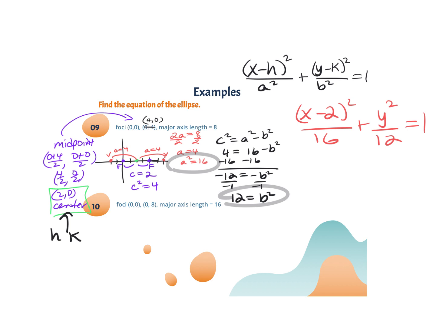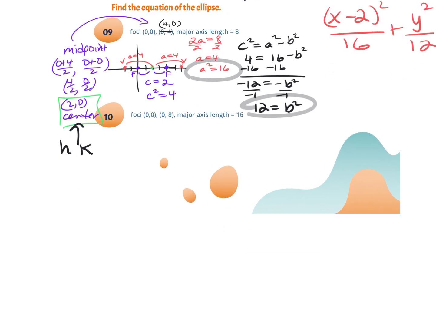Whenever there's a 0, you could just put it in as either an x squared or y squared, wherever the 0 is located. And then one last example, similar to this one, but now notice the focus is going to be vertical. So again, if you give yourself the visual, I've got a focus point at 0, 0, and then another one at 0, 8. 1, 2, 3, 4, 5, 6, 7, 8. These are my focus points.